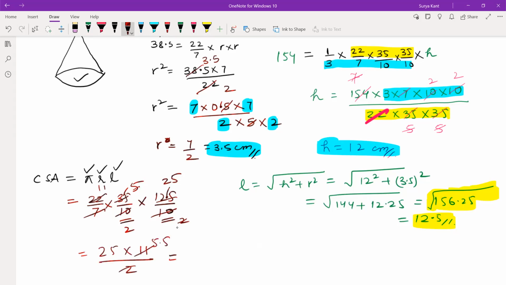What answer are you getting? 134.5, right? I'm getting 137.5. So just multiply here, you may get 137. Just check. 137.5 centimeter square.